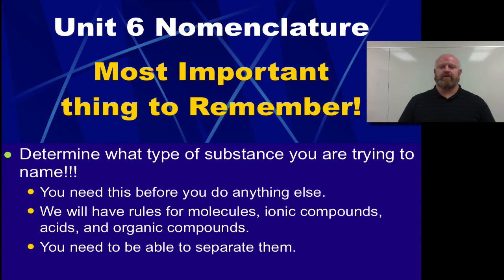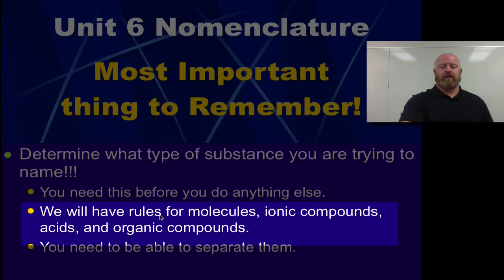As we go through this naming unit, there are different systems that we're going to use to name our different compounds. And within each system is a different set of rules. So our most important thing to remember is that when we're naming our substances, we really need to be able to identify what kind of substance we're working with.